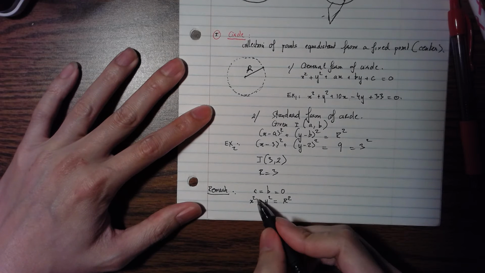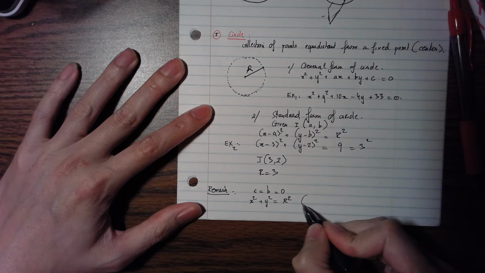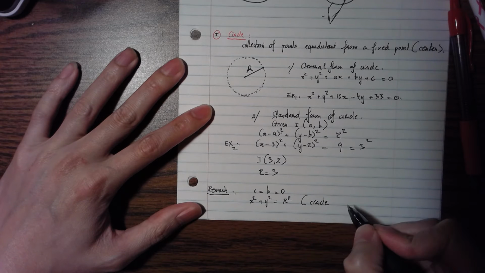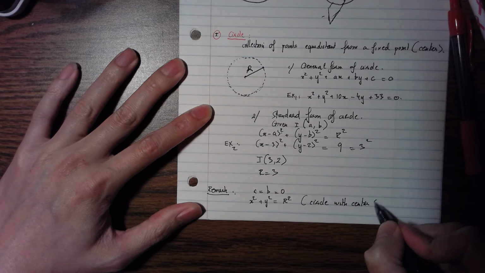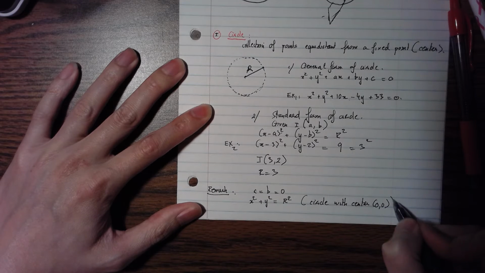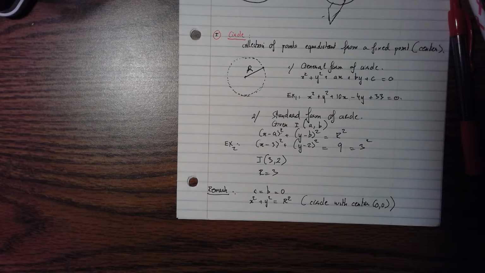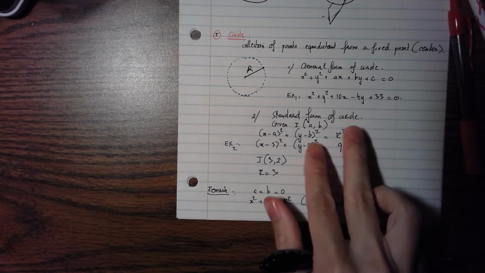So this is the equation representing a circle with center 0, 0 and with radius r. This circle has the center right at the origin, and it has the radius r. So if A and B equal 0, it totally makes sense.